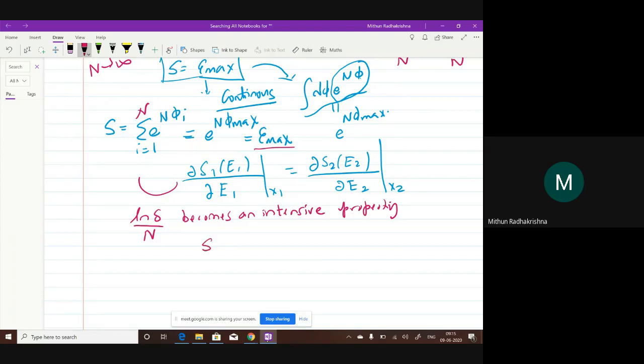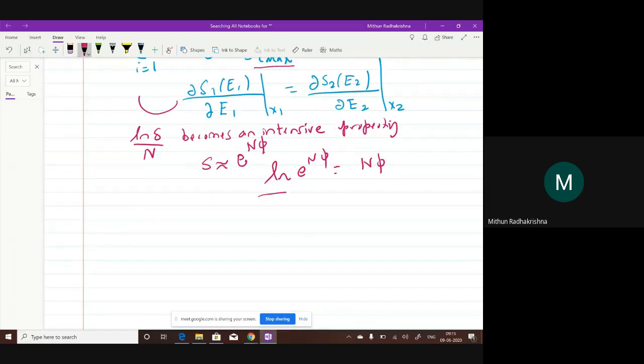So S scales as e to the power n phi. If I take log, this becomes n phi, and now if I divide this by n, phi is something which is an intensive property. Okay, so this is how we arrived at this yesterday.